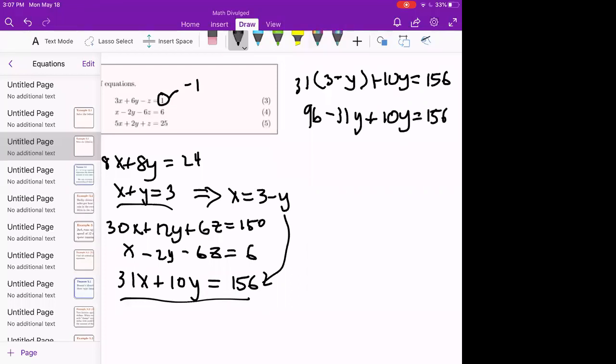And this will give us negative 21y is equal to 63. And therefore y will just equal negative 3. Now, if we plug this back into this equation, we get that x is equal to 6.